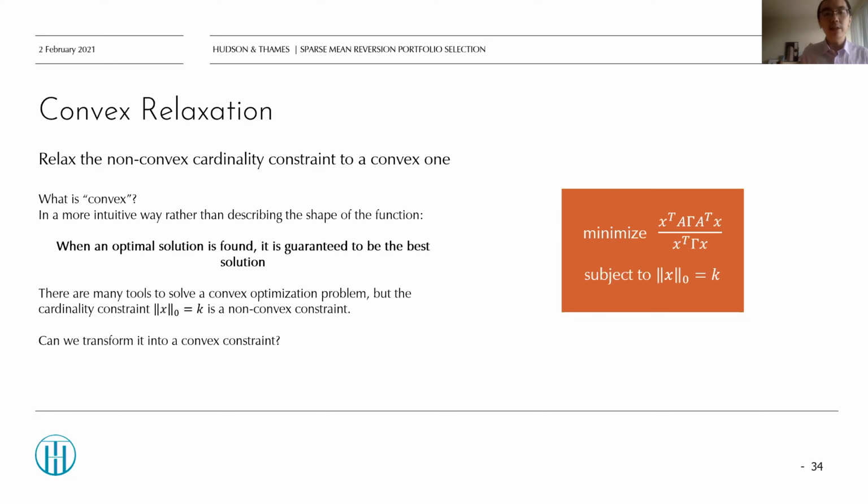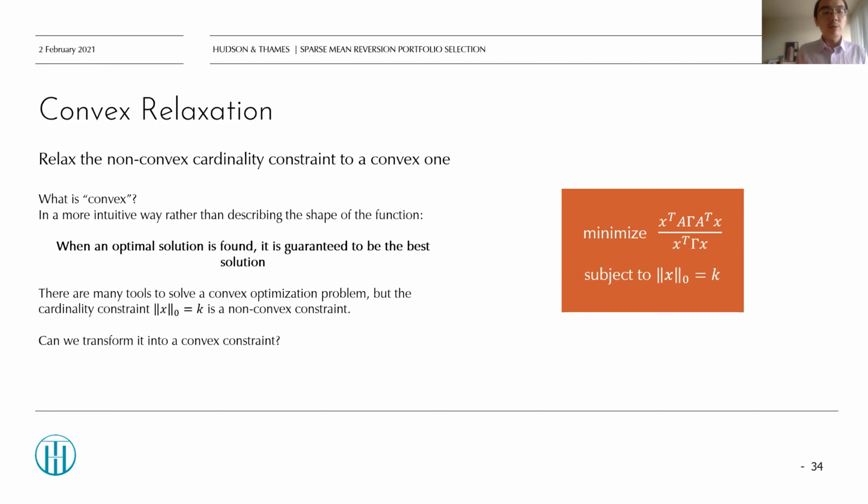So what exactly does convex mean? In terms of convex optimization, convex means when an optimal solution is found, it's guaranteed to be the best solution. For a non-convex optimization problem, there will be many local optima or saddle points where you cannot find a global optimal solution.